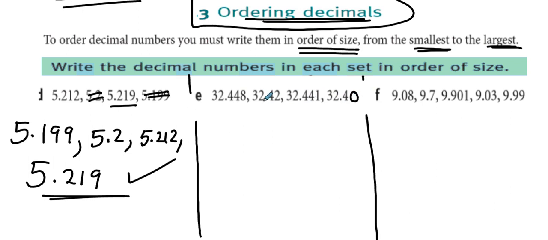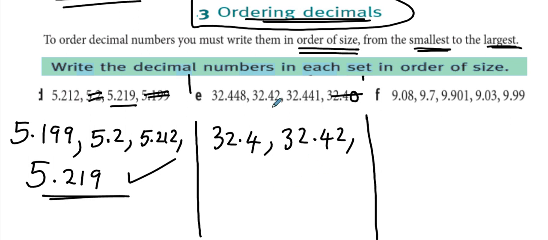So the smallest is 32.40, but we don't put the 0. So this number is taken. We have 32.441, 32.42, 32.44. Yes, after that will be 32.42.